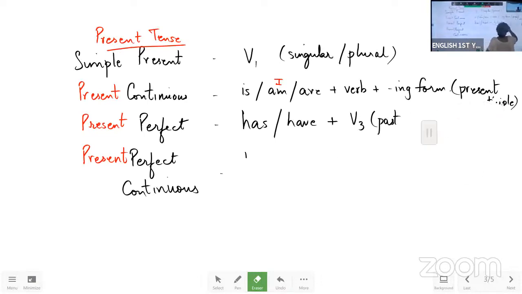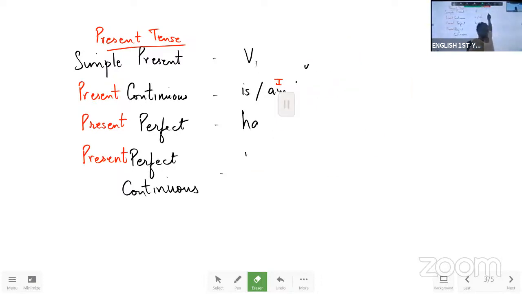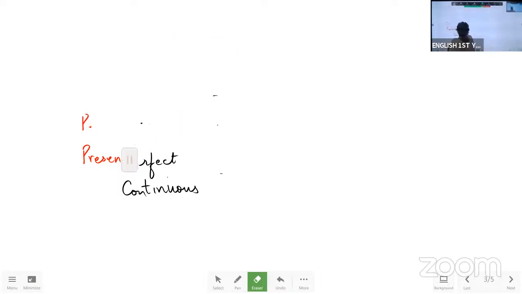So make sure that you don't make mistakes, especially children who are writing betterment. Every spelling error is treated as a mistake. In English, punctuation, spellings, grammatical errors, all are checked.